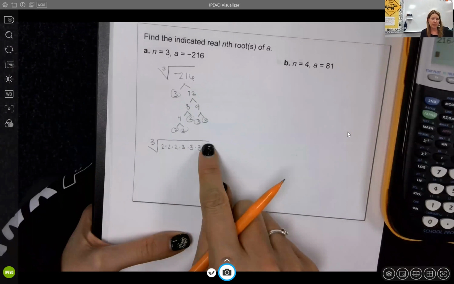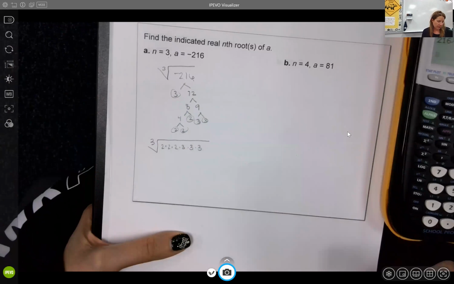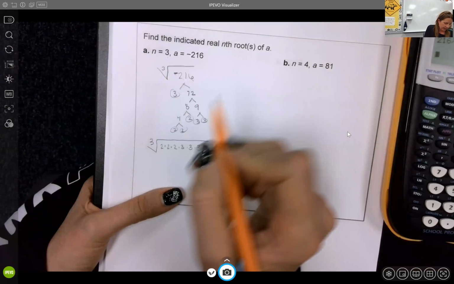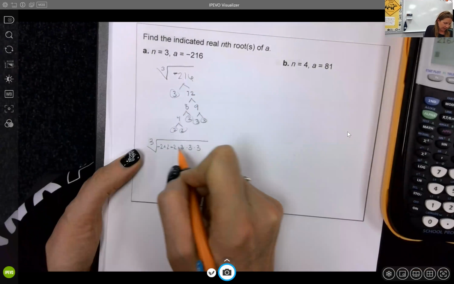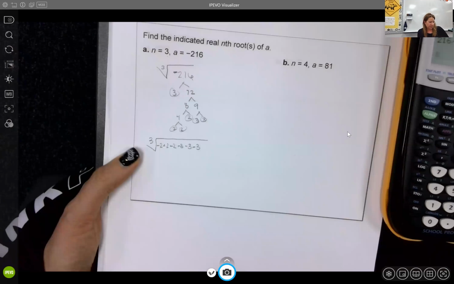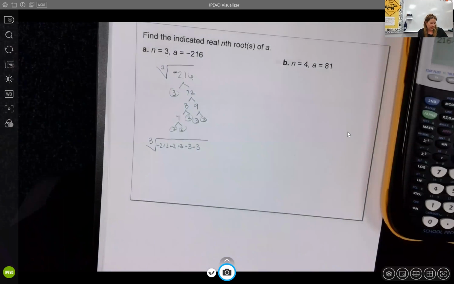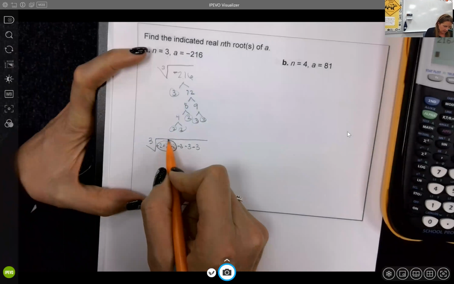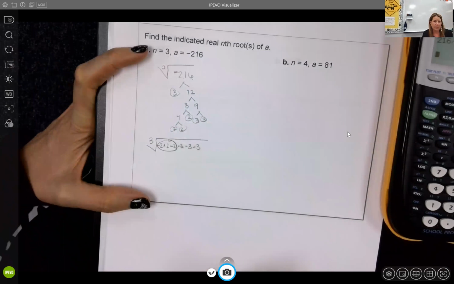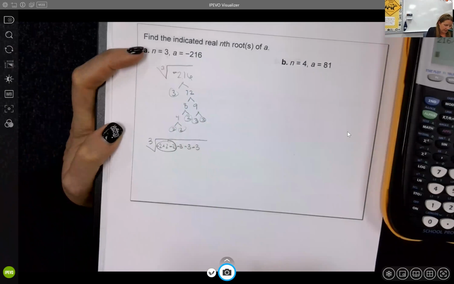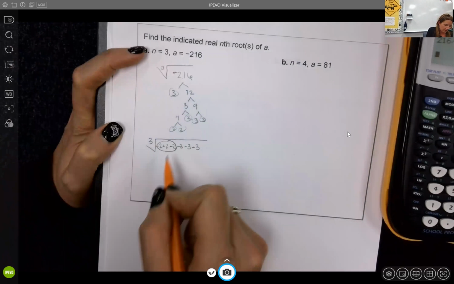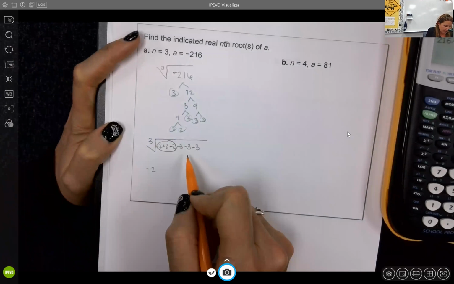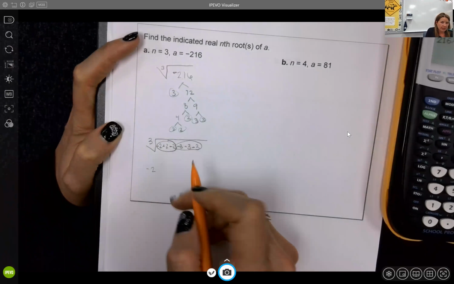I need 3 to make a pair. Now, one thing that you have to make sure of is that since this is negative, then all of these are actually going to be negative. Okay? So the cube root of these 3 2's is just one of the 2's. Okay? And then the cube root of these is one of the 3's.